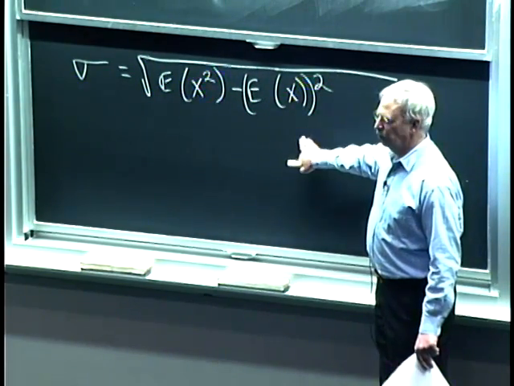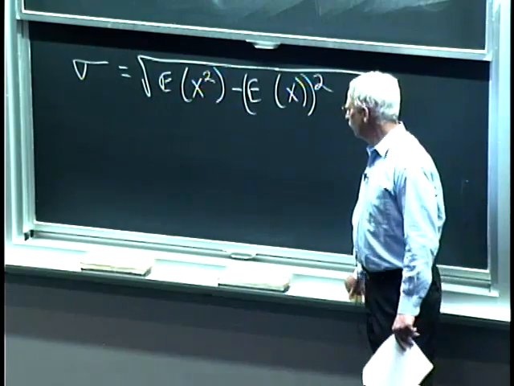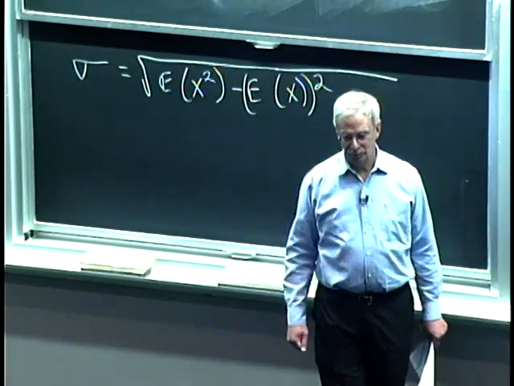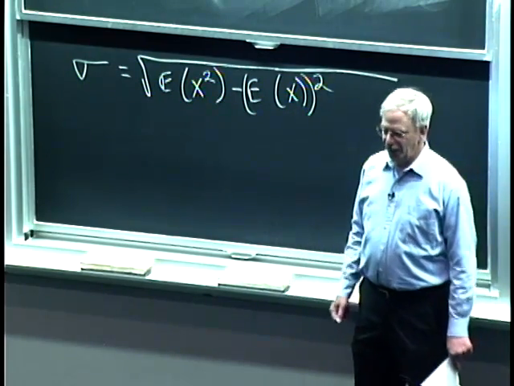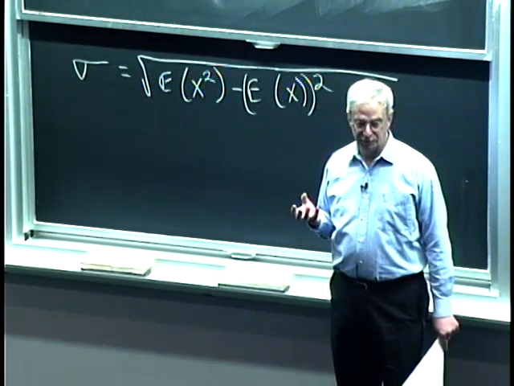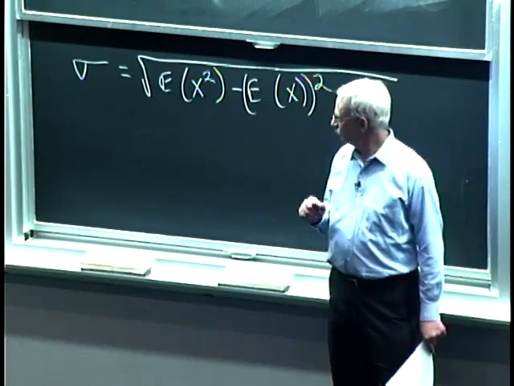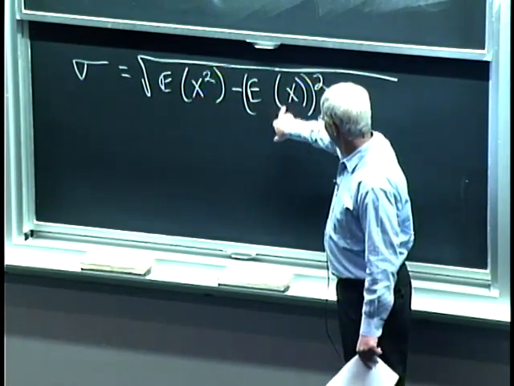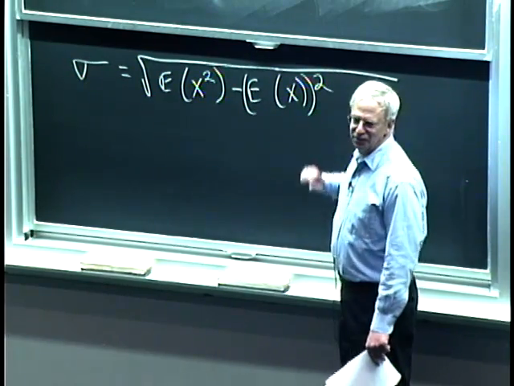So don't worry much about this, but what I'm basically doing is, x is all of the values I have. And I can square each of the values. And then I subtract from that the sum of the values squared.